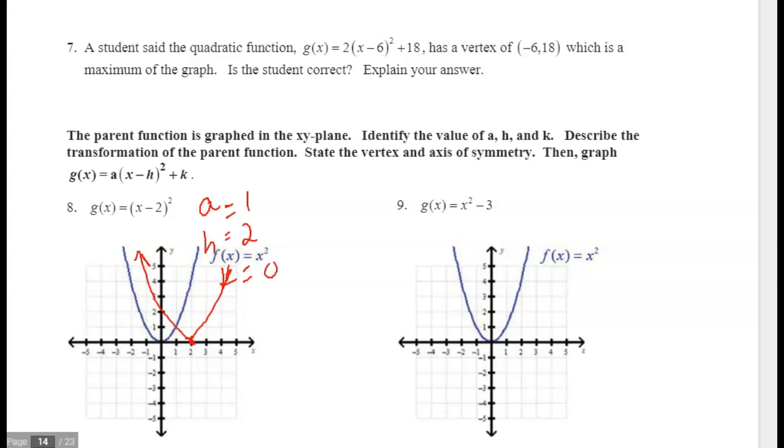State the vertex and the axis of symmetry. Describe the transformation. So my transformation is just 2 spots to the right. The vertex is 2, 0. And my axis of symmetry is x equals 2.